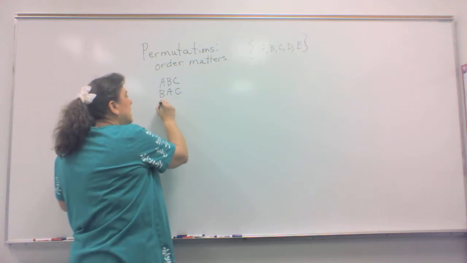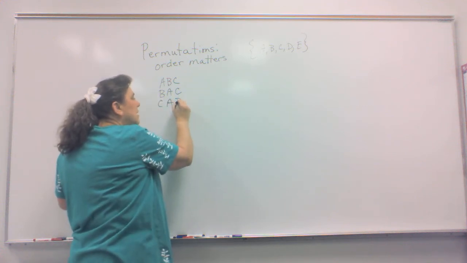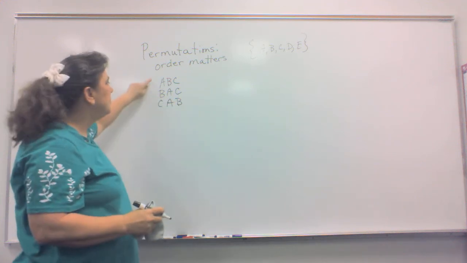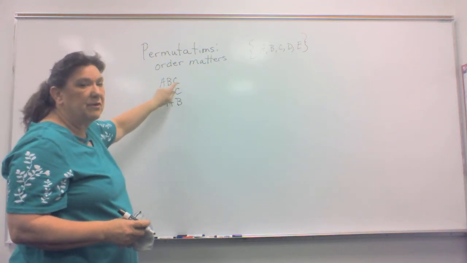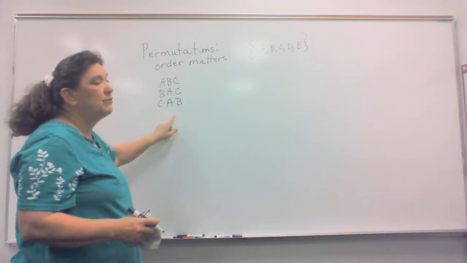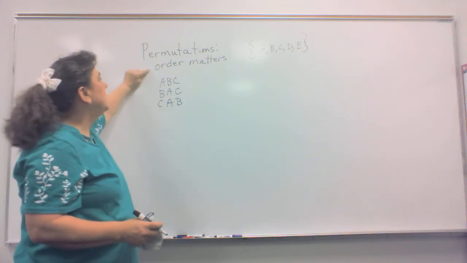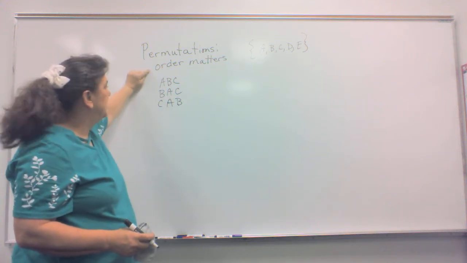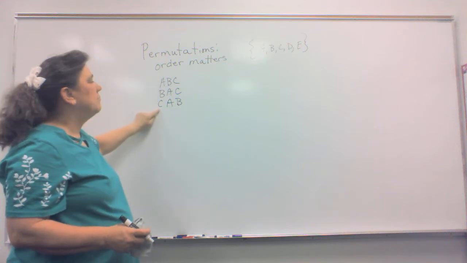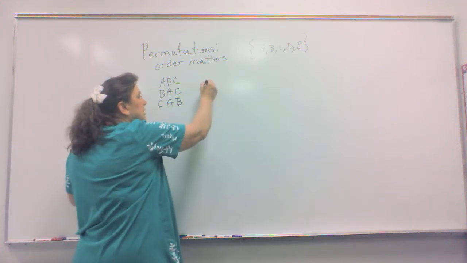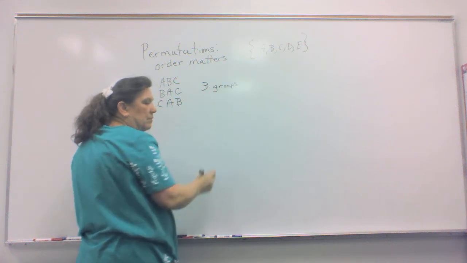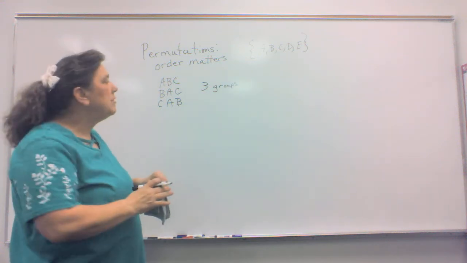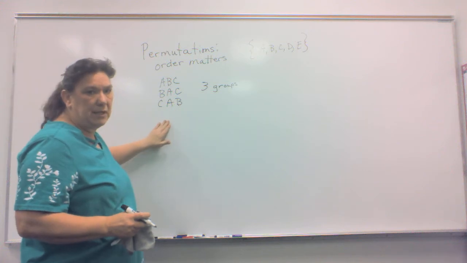And CAB is another group that is different, even though they're the same 3 letters, because the positions are different, they're considered different groups. This is what it means when it says order matters. Instead of one group meeting these, this is 3 different groups, 3 different outputs, okay? So it's important to understand what that means.